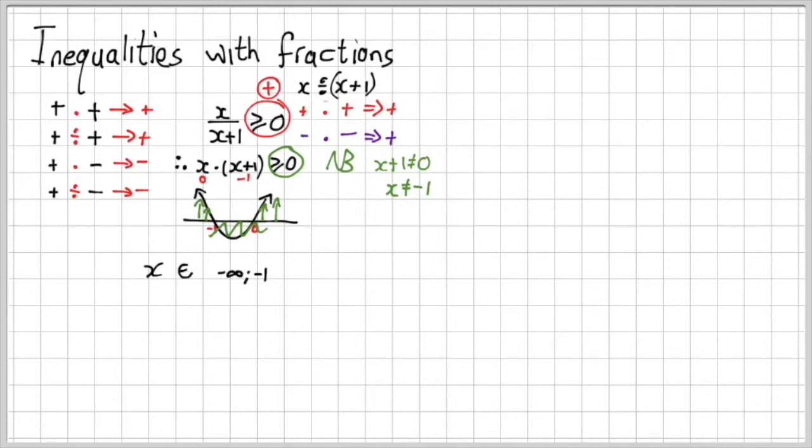Negative infinity is always a round bracket, and it's not allowed to be negative 1, so we can't have a square bracket. Even though there's an equal to 0 in the sum, we're not allowed to have negative 1. Or from 0 to infinity: now it can touch 0 and it never touches infinity.